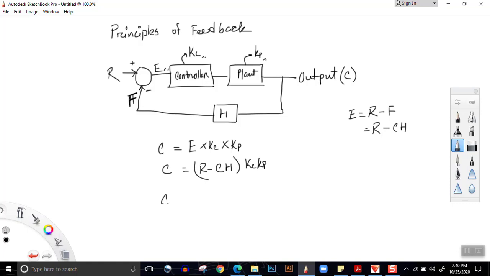From there we get C plus CH Kc Kp is equal to R Kc Kp.